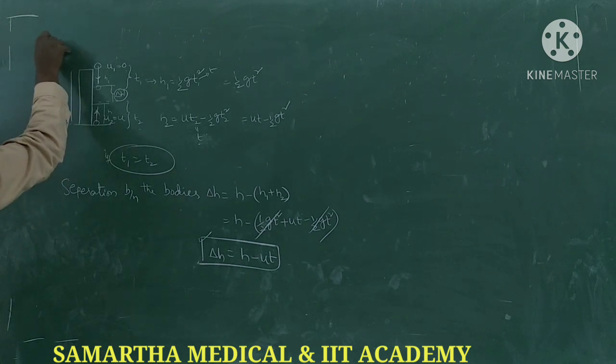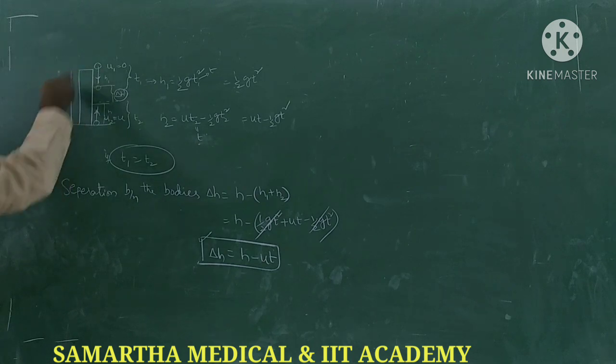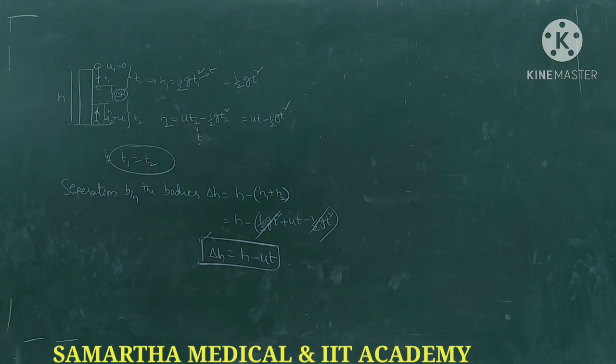So when two bodies, draw this diagram, put the heading. A body is dropped from the top of a tower of height h.